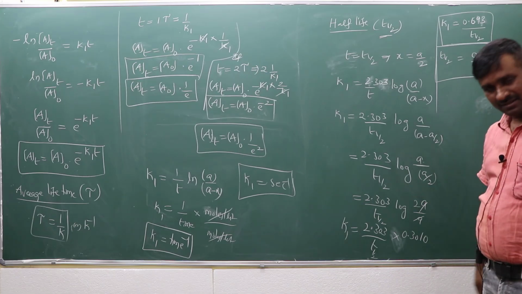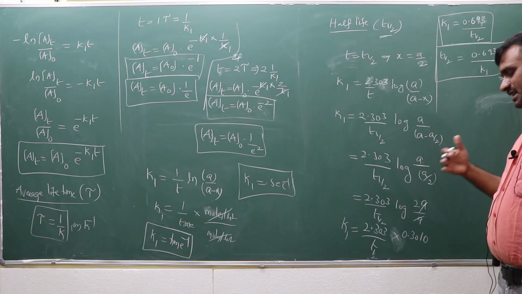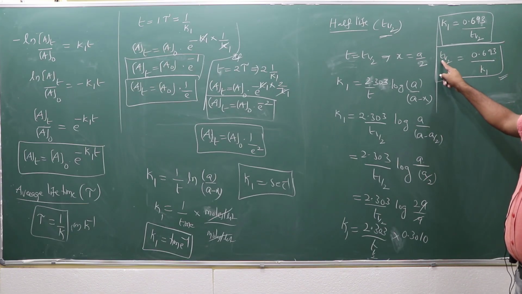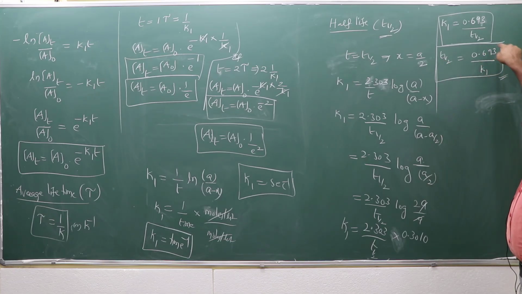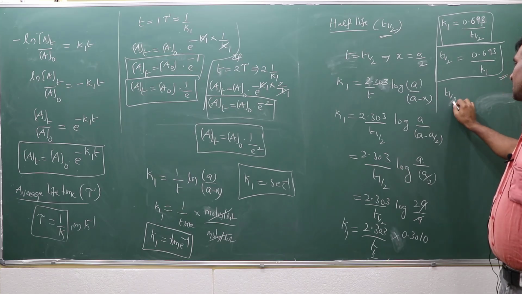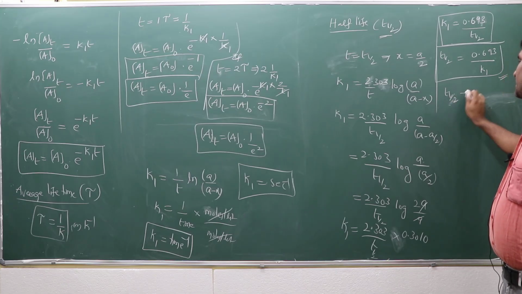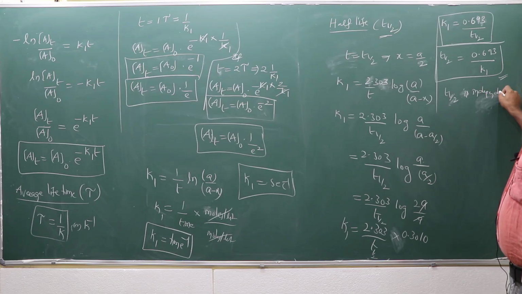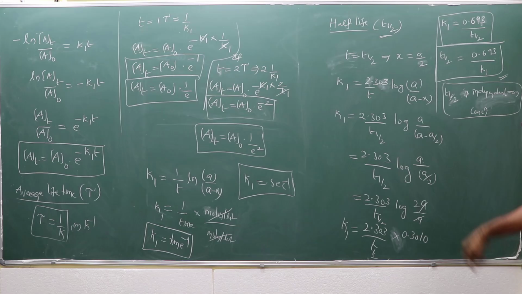Now here in this case, like the earlier one, I mentioned the zero order case. Here, the half-life in the first order does not depend upon the concentration. There is no concentration term. 0.693 by K1, K1 is the rate constant, a constant. So in first order reactions, the half-life is independent of the concentration of reactant.